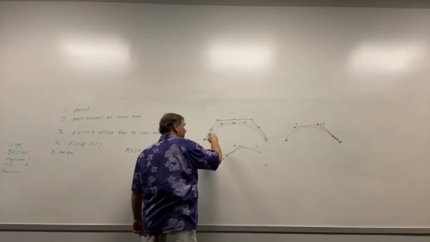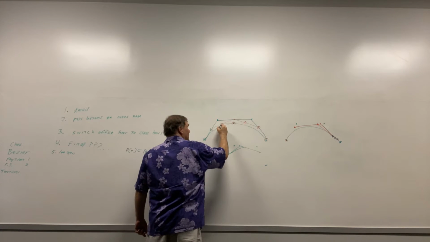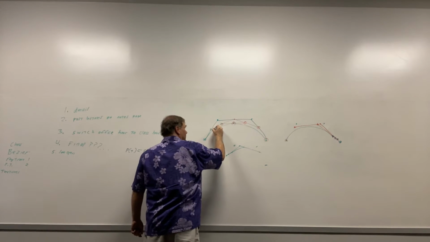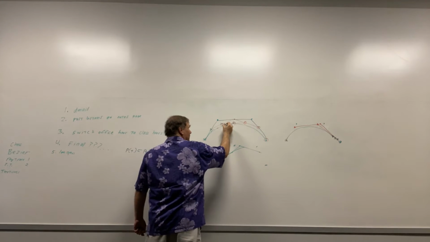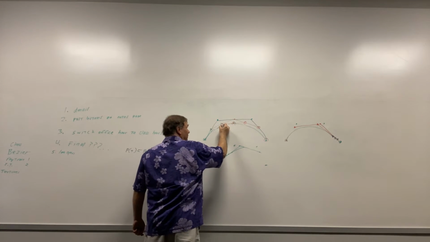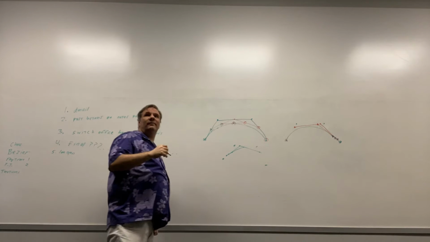If I subdivide it again, then the control polygon would be more like this, and this one would be more like this, and it would be very much closer to the curve.